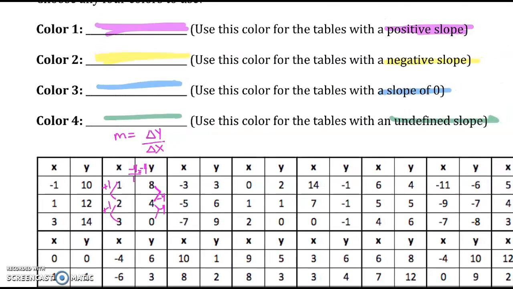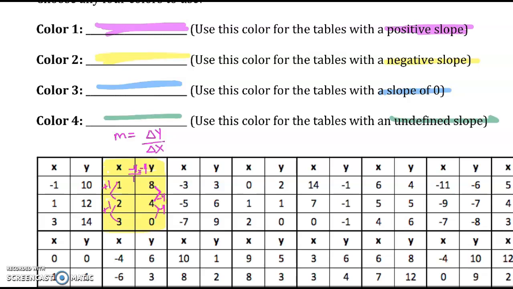I chose yellow. So I'm going to get my yellow highlighter and shade in that table yellow to show that that one has a negative slope. Be sure to leave your work on there because your teacher is going to want to see how you figured out if your slope was positive, negative, 0, or undefined.